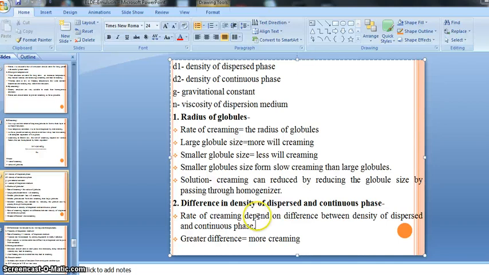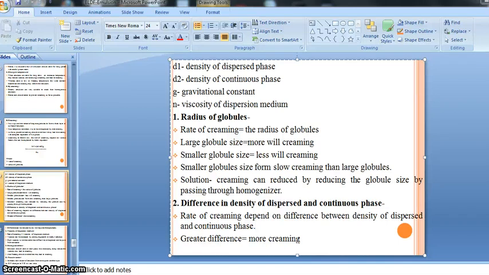So a greater difference means more creaming. If the difference of weight of our dispersed phase and continuous phase is more, that time the chances of creaming are more.